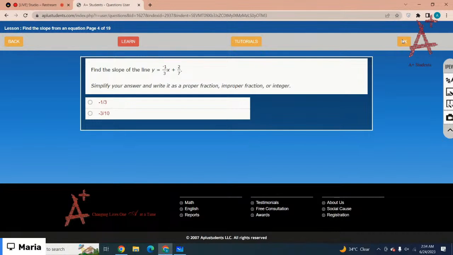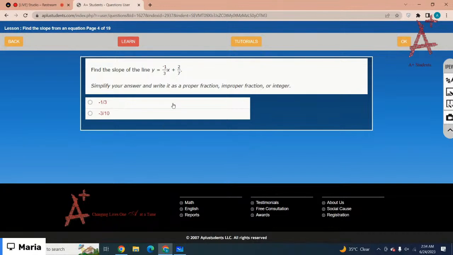Find the slope of the line y equals negative 1 over 3x plus 2 over 7. So which is the correct option? The slope of the line is negative 1 over 3. Got it?